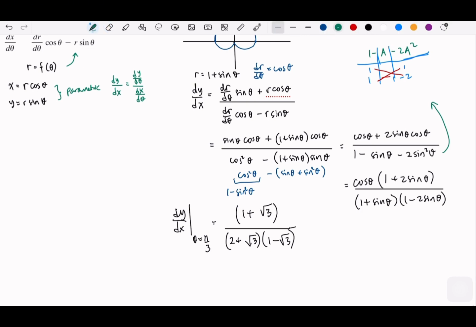So let's check this too. So it should be 1 plus square root of 3, and this will be negative 1 minus square root of 3.